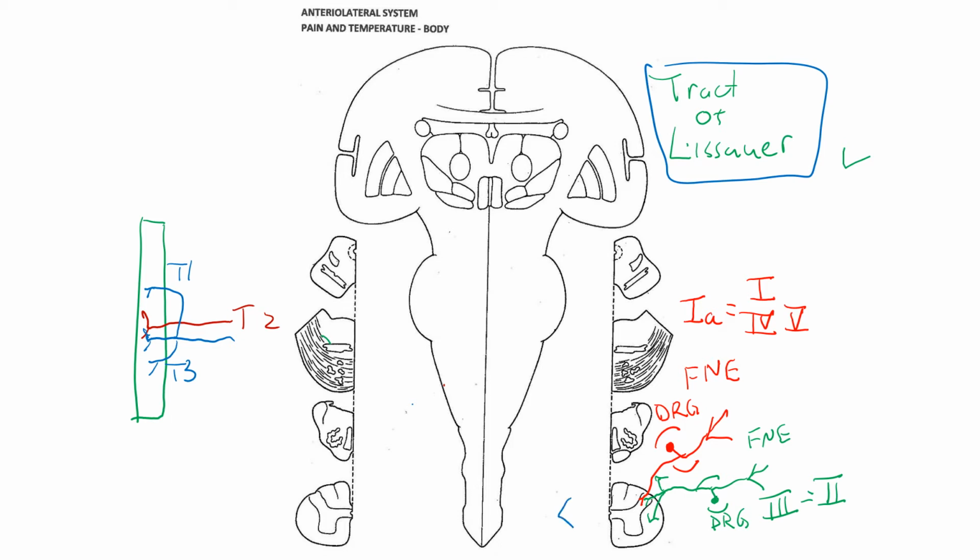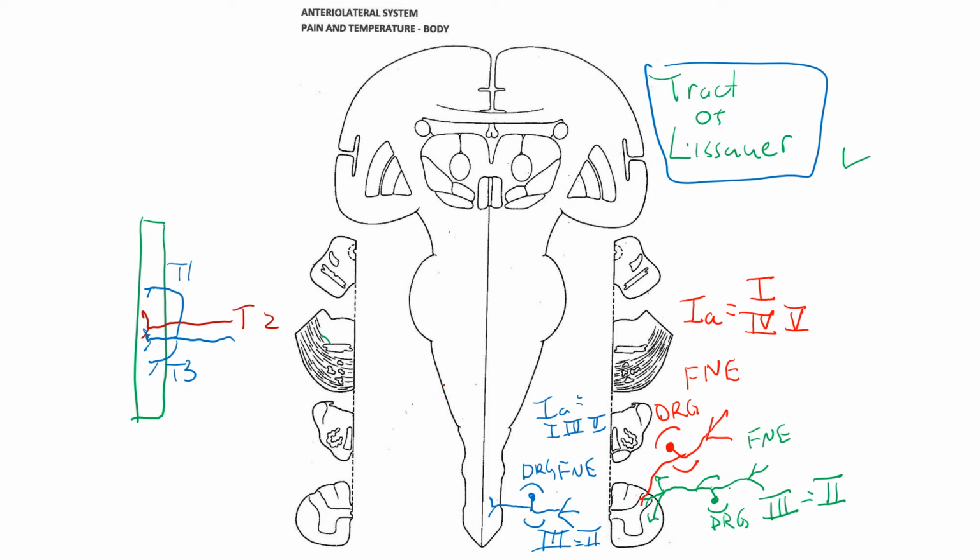So I'm going to show my free nerve ending. I'm going to show my cell body in the dorsal root ganglion, and I'm going to show this synapsing. And then to keep my diagram as simple as possible, I'm going to write up here 1A is going to go into laminas 1, 4, and 5. Slow pain is going to go into lamina 2.